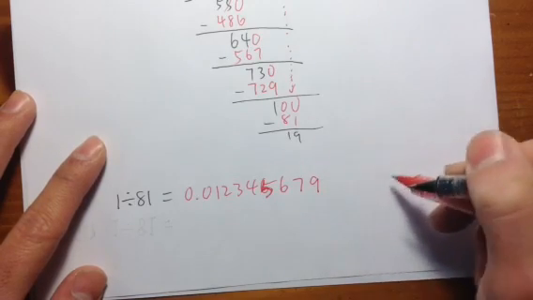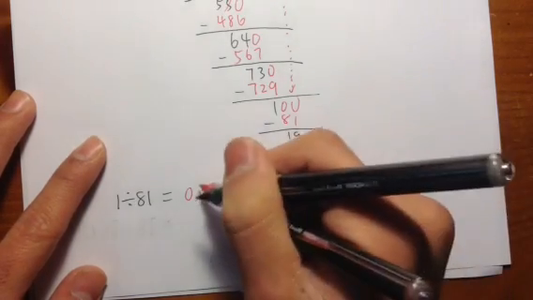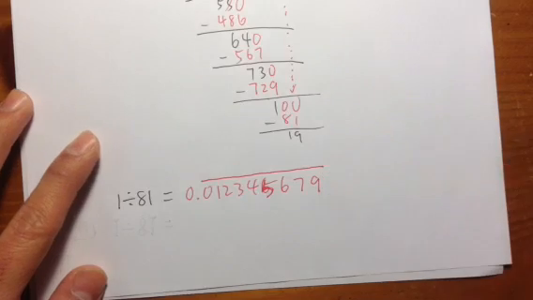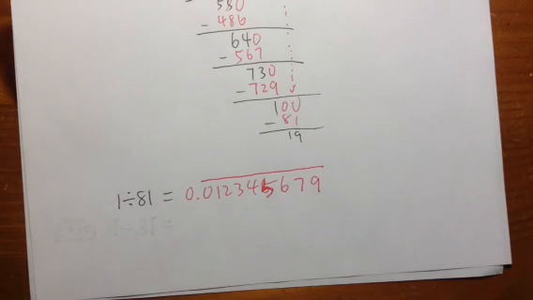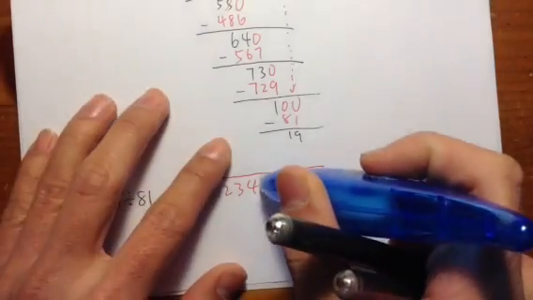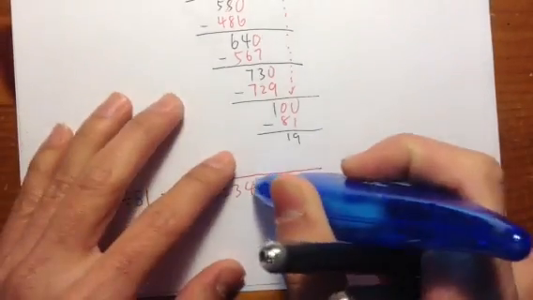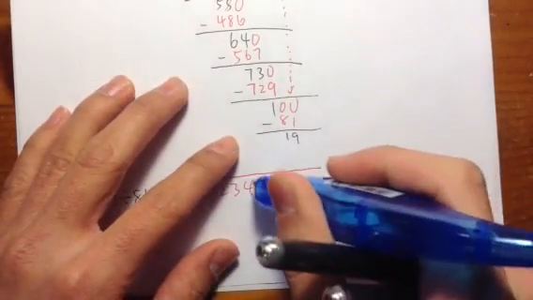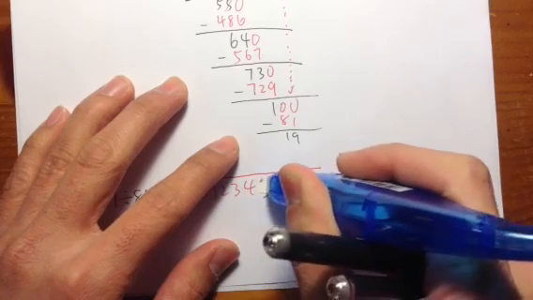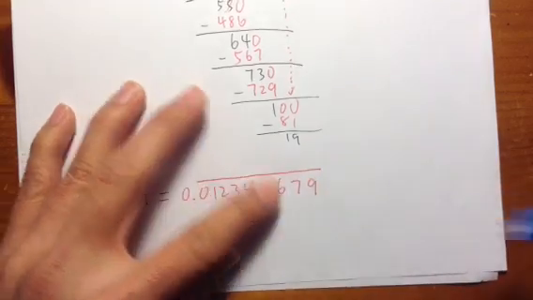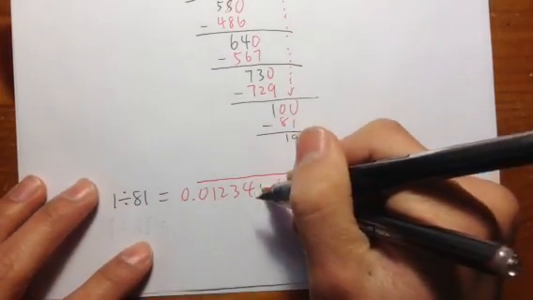So I can just put a bar right there to indicate that I have this many digits repeating. Let me make this better for you guys. So 4, 5.